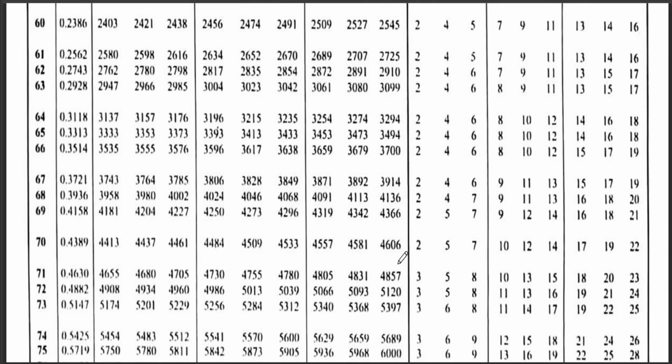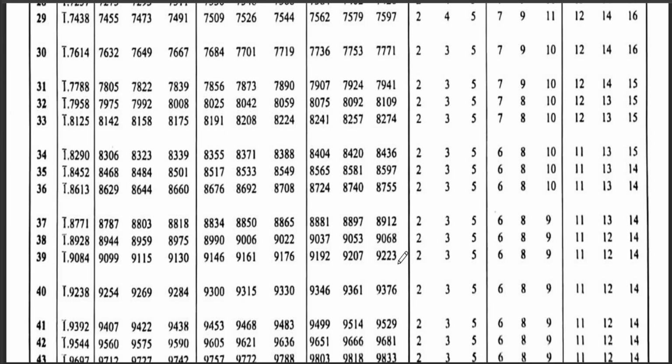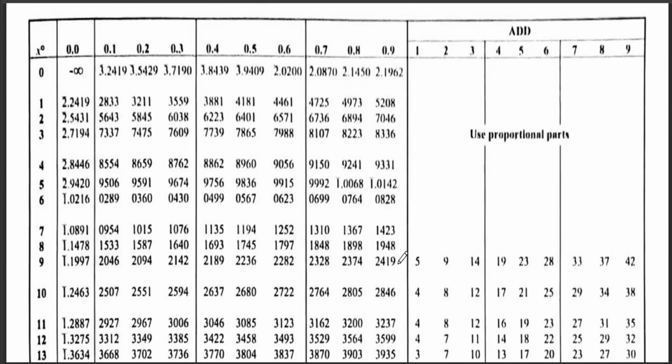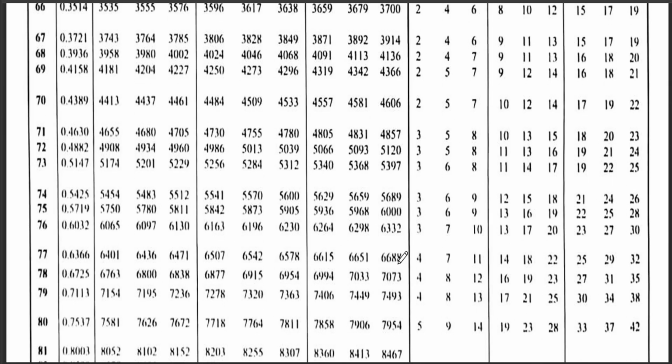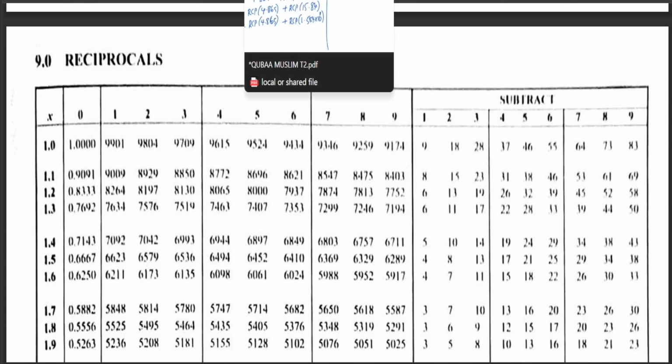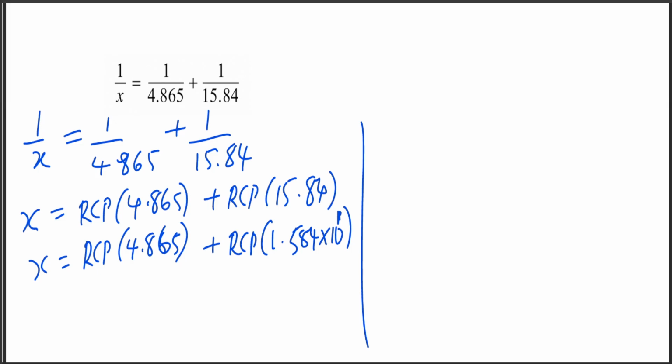Reciprocal tables are at the end, let's look, hopefully we will find them. So reciprocals, this is reciprocal tables. No, logarithm of tangents, easy. Reciprocal table, and we said first thing is 4.865.